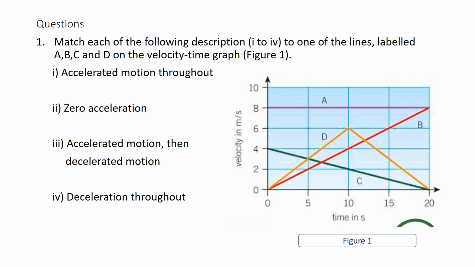B, the red line on the graph, that's acceleration throughout. Acceleration then decelerating motion refers to D on the graph, the yellow line. And lastly, is C, which is deceleration throughout, which is that green line, which you can see is going down.